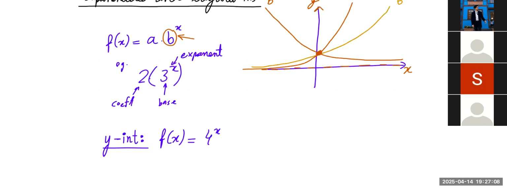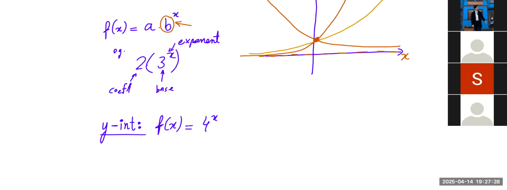The method to find the y-intercept of any function is always the same. What is it? Come on, guys, this is from 2 classes ago. How do you find y-intercepts? Amy, Jessica, Sophia, anybody? Give me an answer.